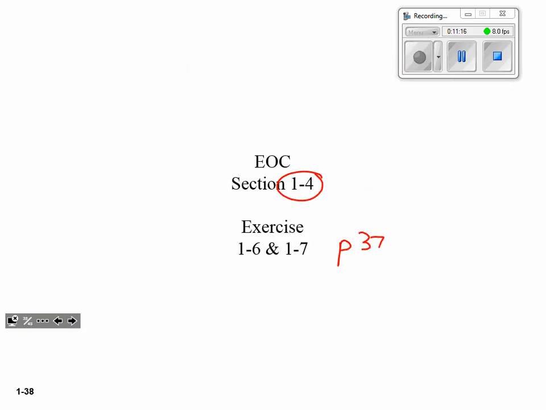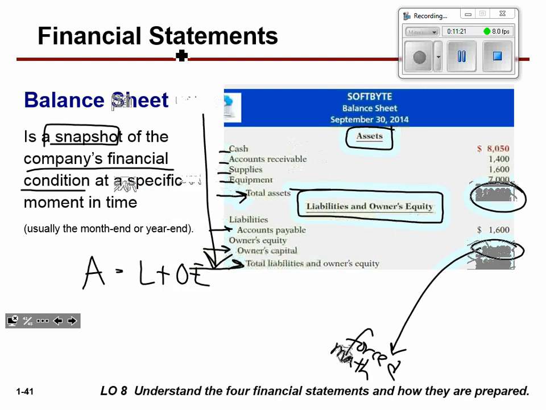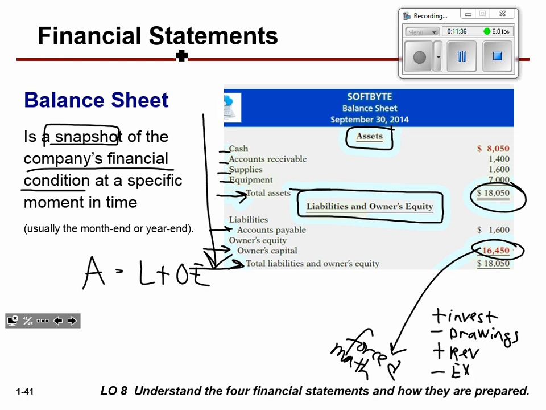That forced math is what got us 16,450. So that number is the plus investments, the minus drawings, the plus revenue, and the minus expenses. From the expanded accounting equation, that is the one number that we simply call owner's capital. Hiding in there are all the pluses and the minuses.